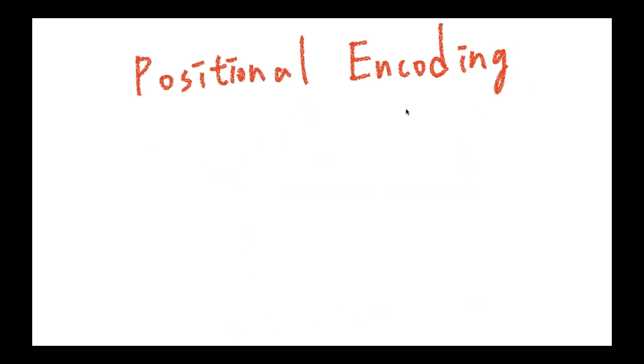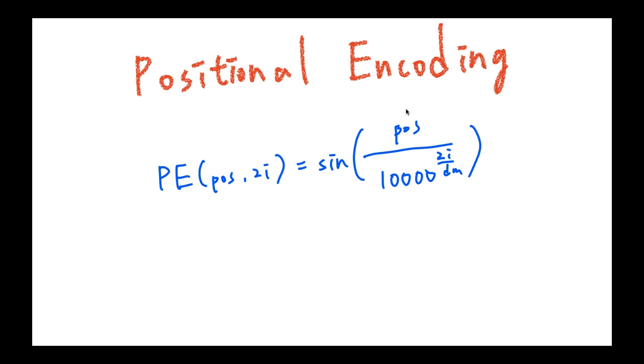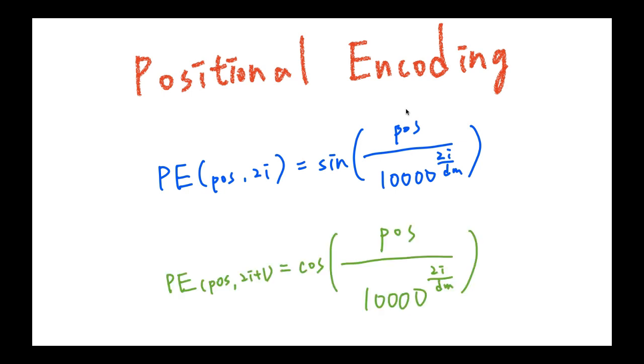So what's a good way to represent position information? In this paper, they chose to use a sine wave to represent the even dimensions, and a cosine wave to represent the odd dimensions.